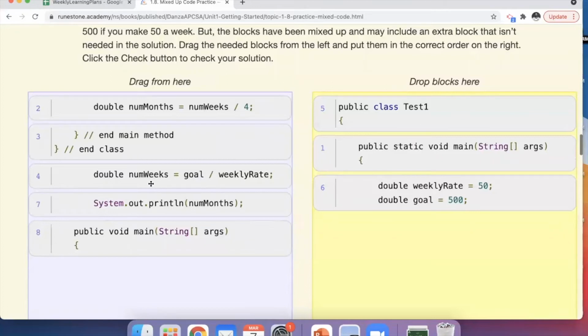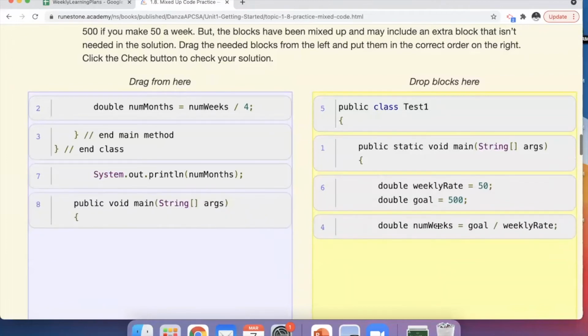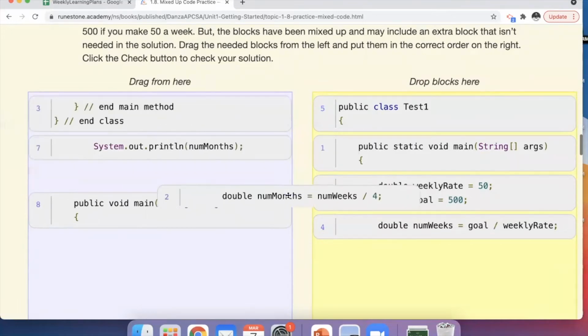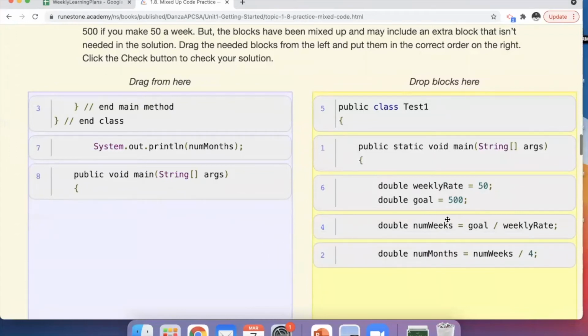Then we have num weeks, right? Num weeks is equal to whatever the goal is divided by the weekly rate. Well, we've already declared that right above it. And the number of months is taking whatever we came up with for num weeks and dividing it by 4.